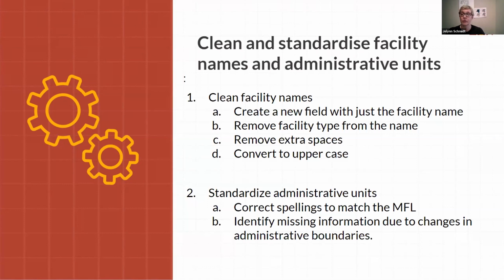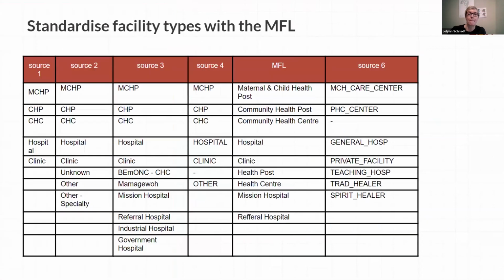In the example where your data set is from 2016 and the master facility list is from 2020, it could be the case that health catchment areas were added, removed or renamed. So make sure not only that your facility data is standard, but your administrative units are standard also, and figure out the new name of the administrative unit if the name changed.